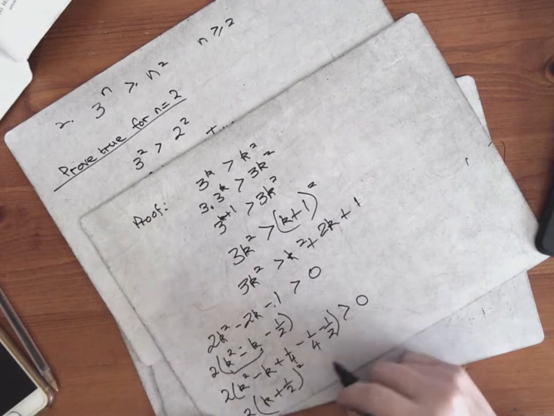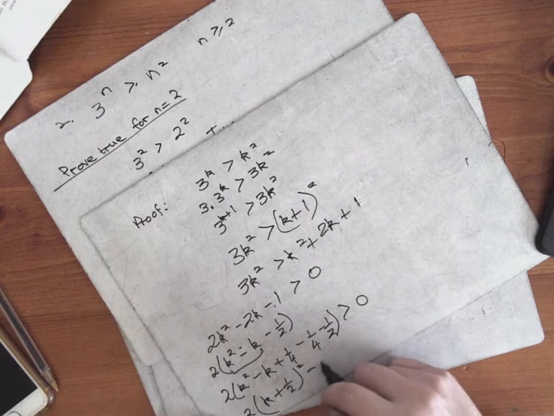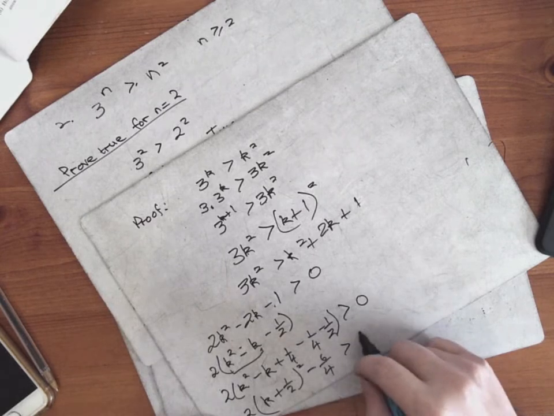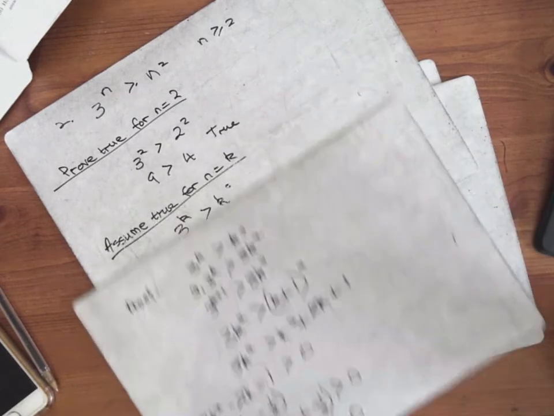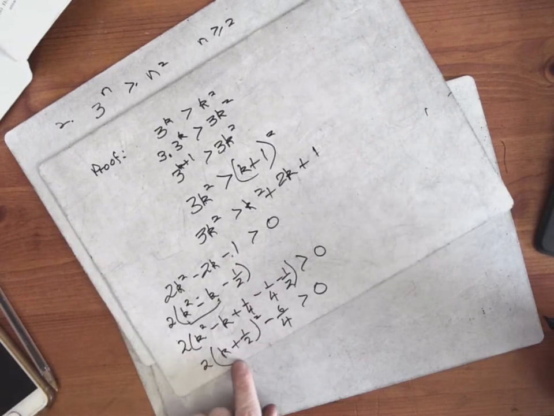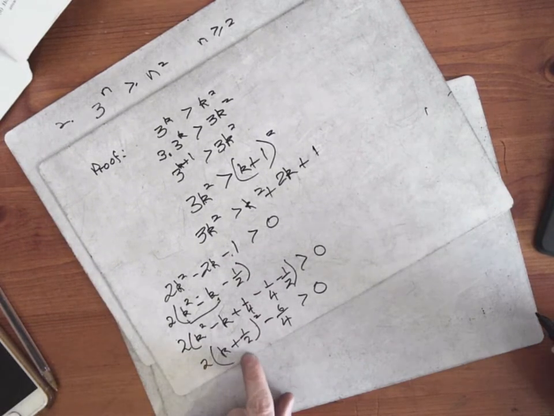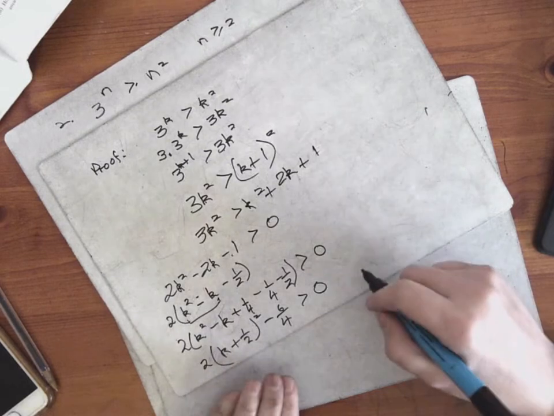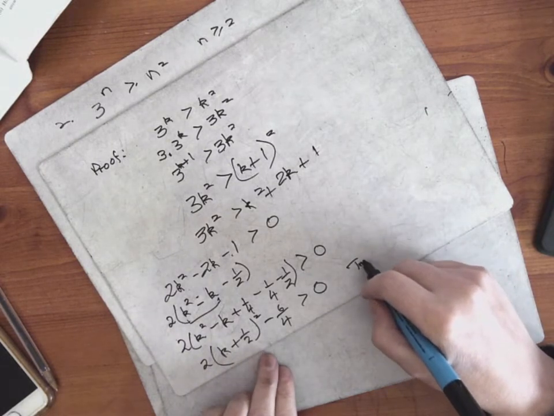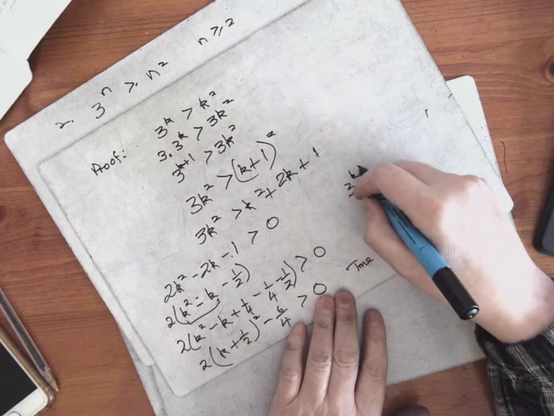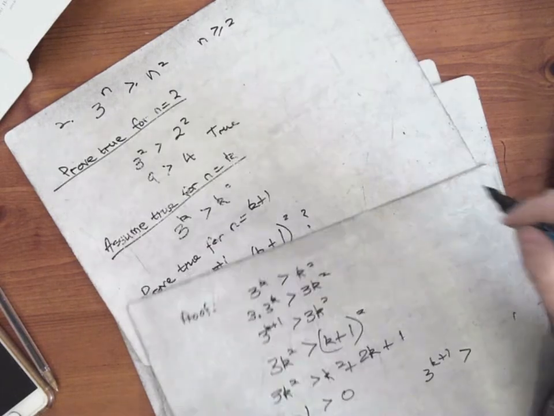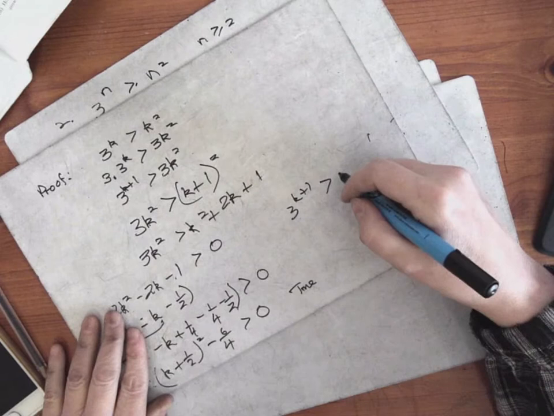That would be minus 3/4 multiplied by 2 is minus 6/4. So this is definitely positive, and n is greater than or equal to 2, the smallest n. That's definitely true. So then you can say the whole statement that 3 to the power of k plus 1 must be greater than k plus 1 squared.